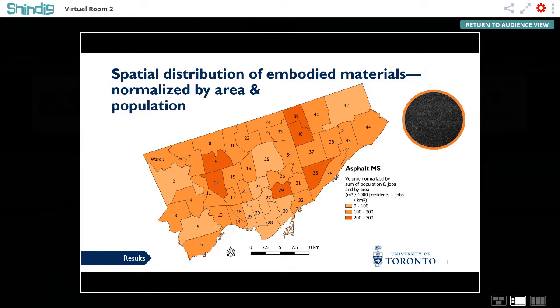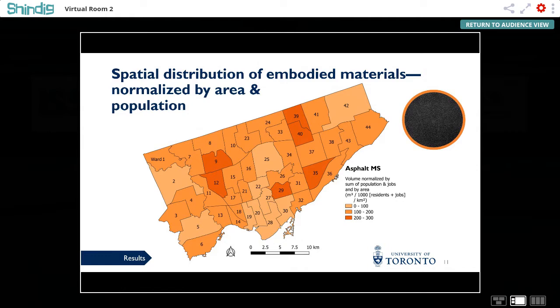So kilograms or cubic meters of material per square meter of road surface or per square meter of floor area in a building. But here we also normalize by the sum of population and jobs in each city ward, which serves as a proxy measure for the typical number of users of the municipal infrastructure in each ward.